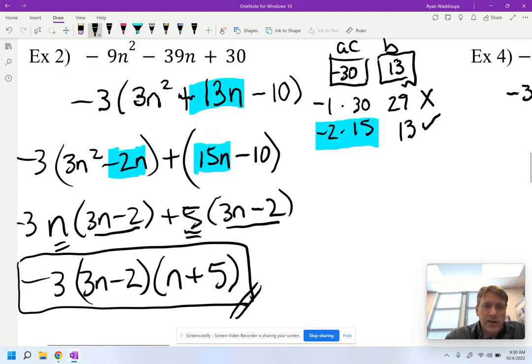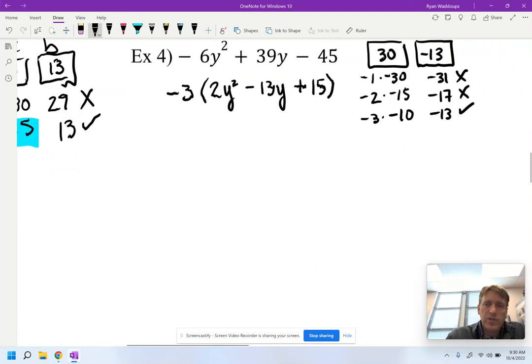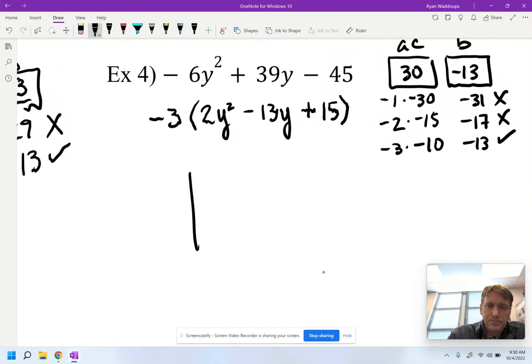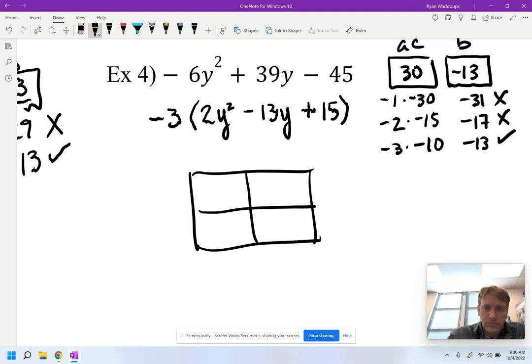Now, the last time we did it without the box, I'm going to do this one with the box again. I'm going to put 2y squared plus 15 in the last box. And then in these two boxes, I'm going to use the numbers that we found, negative 3 and negative 10.